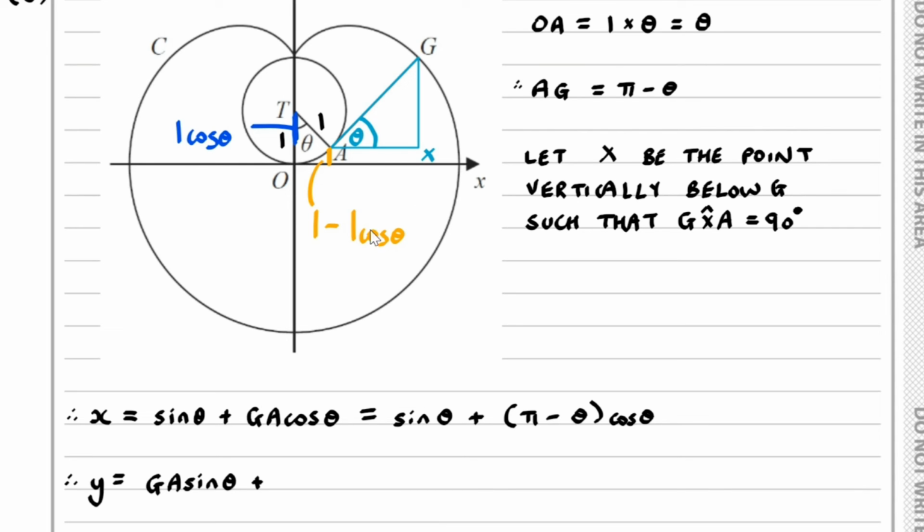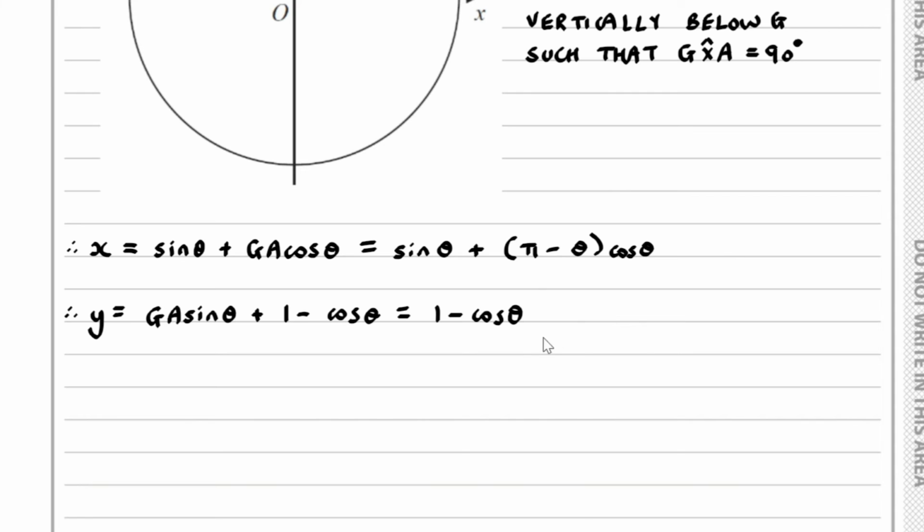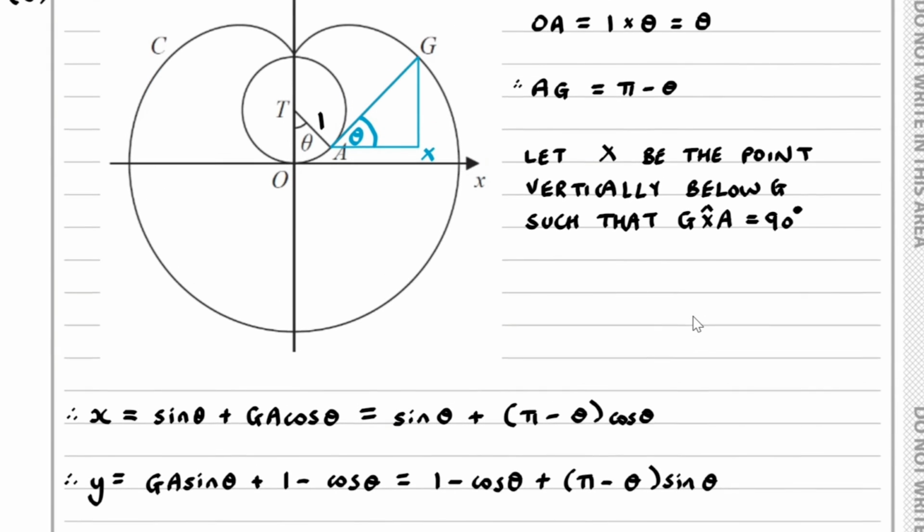So we add on then 1 minus cos theta. And what we can also do is substitute in GA. So I'm left with 1 minus cos theta plus GA sine theta, so I add on pi minus theta sine theta, and that's exactly what we wanted to show. So here as well, I've got the pi minus theta, which is the length AG.